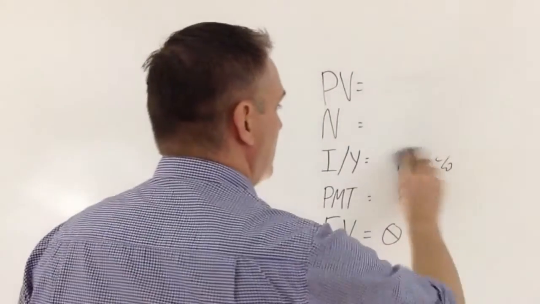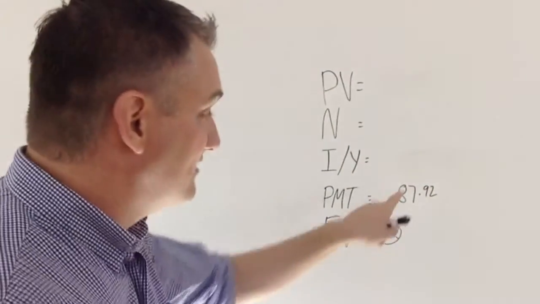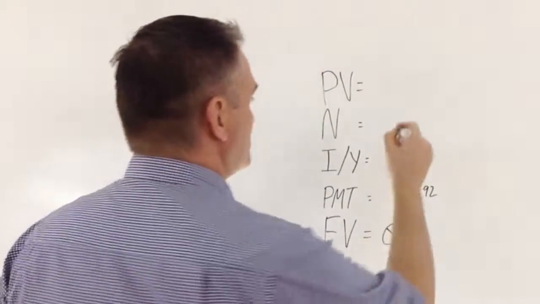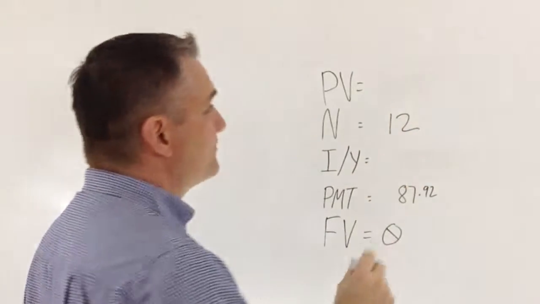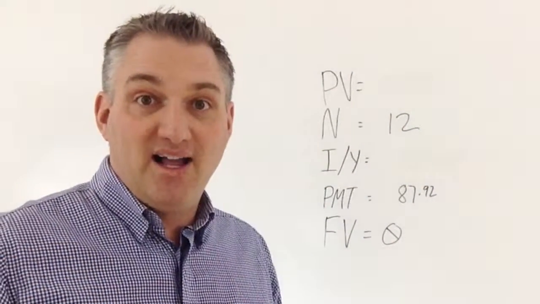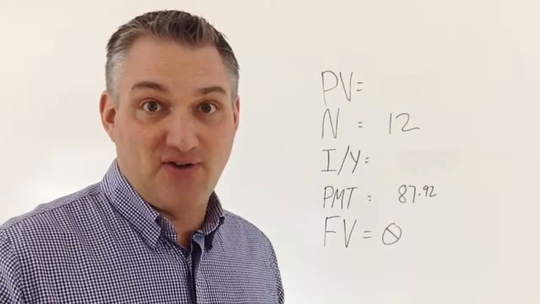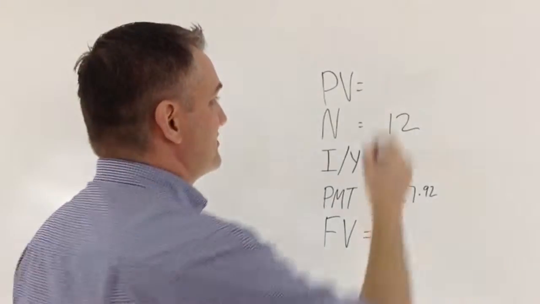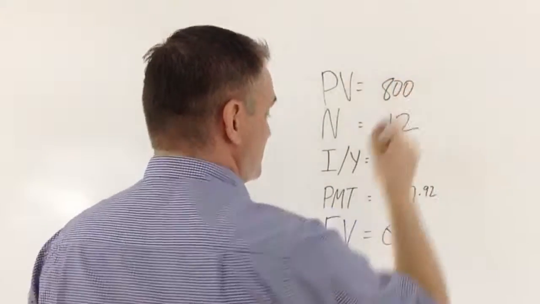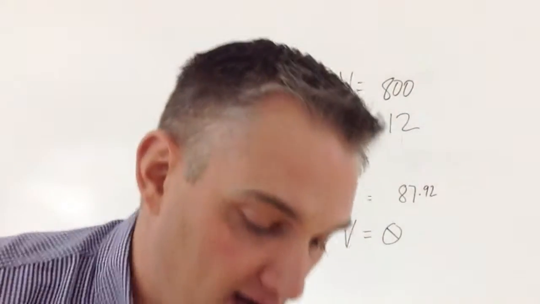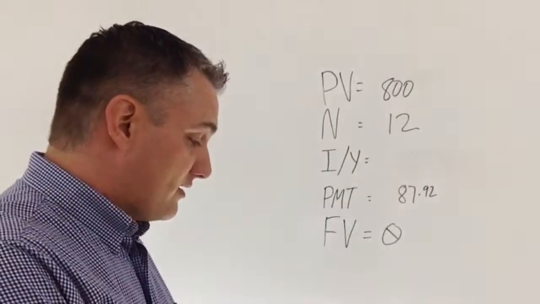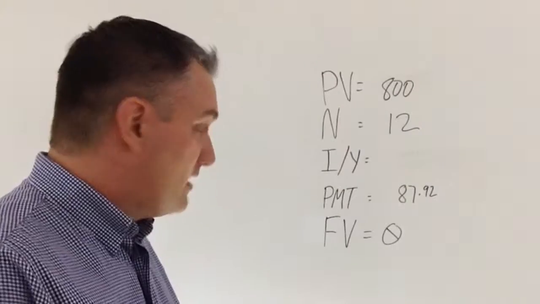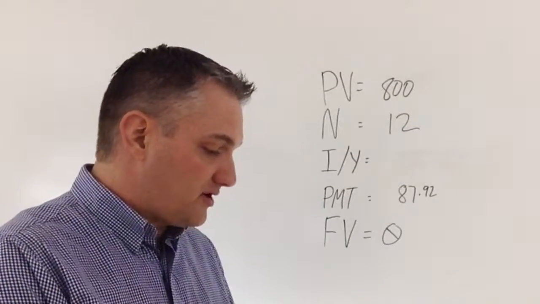Well, our payment is still $87.92. We're still going to collect that for 12 months, but they're not actually lending us $1,000, are they? They're lending us $800, or we're lending them $800. So let's put this into my calculator. So I'm going to clear. So I've got $800.